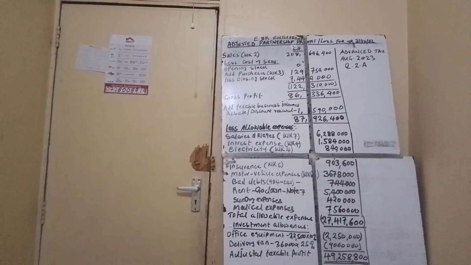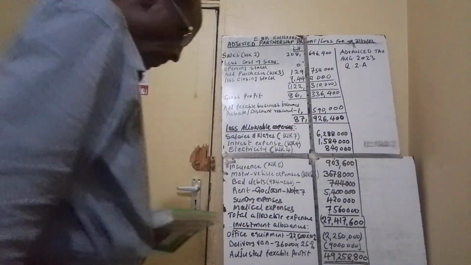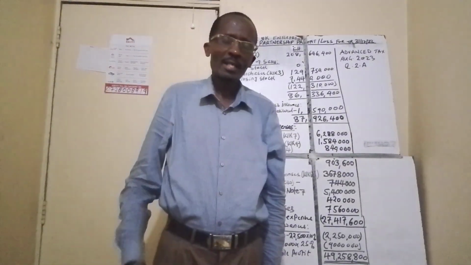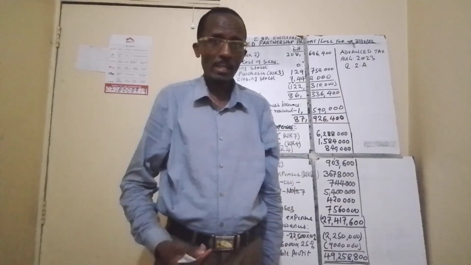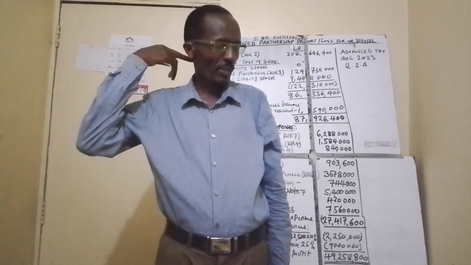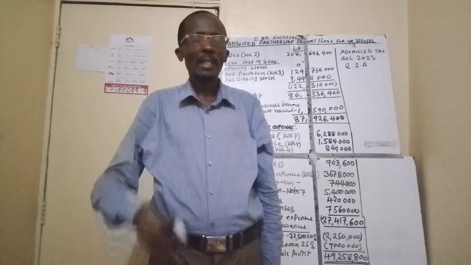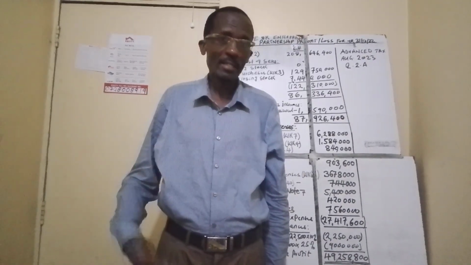Now, having known that discount received is a taxable income and discount allowed is an allowable expense, the other thing to know is that when you start preparing the control account, discount received reduces the creditors and discount allowed reduces the debtors.